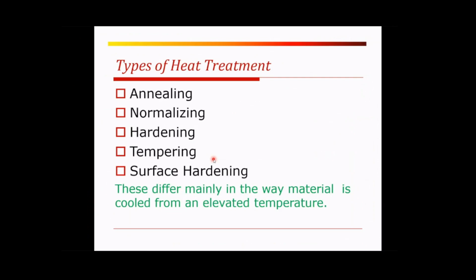Surface hardening is a very vast process. Case hardening or surface hardening is a very important type of outer surface hardening that we will see in another webinar. So in this webinar, we see only these four inner heat treatment processes.